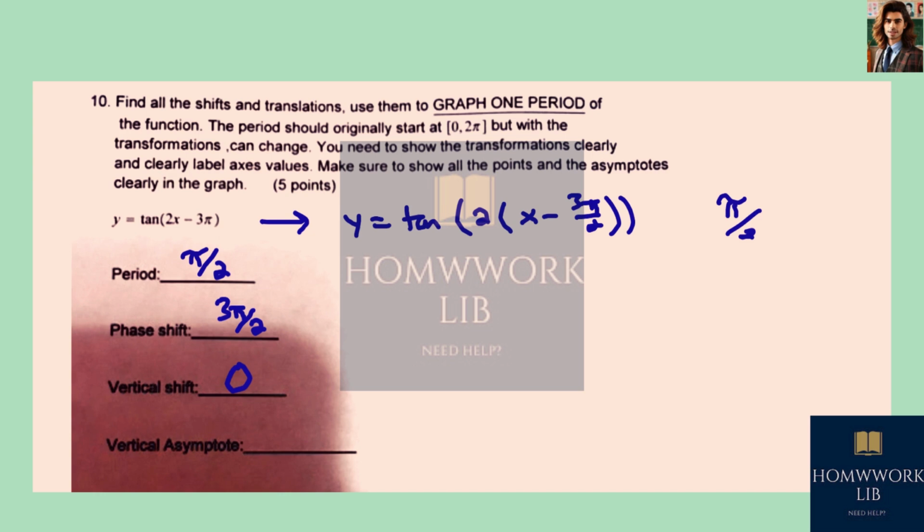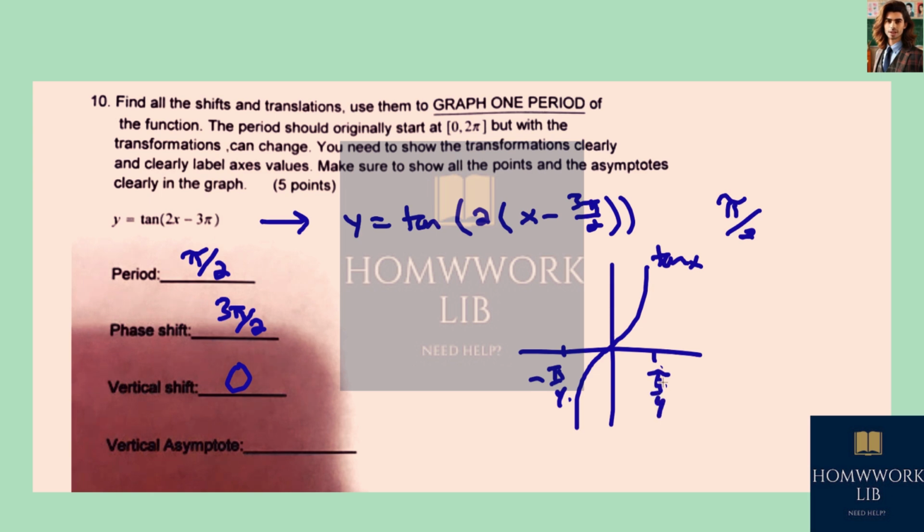The vertical asymptotes now, typically, this is the parent tangent graph, goes from negative pi over 2 to pi over 2. But if we're going to the right 3 pi over 2, and we're shrinking it horizontally, by the horizontal shrink, this is now negative pi over 4 and pi over 4.